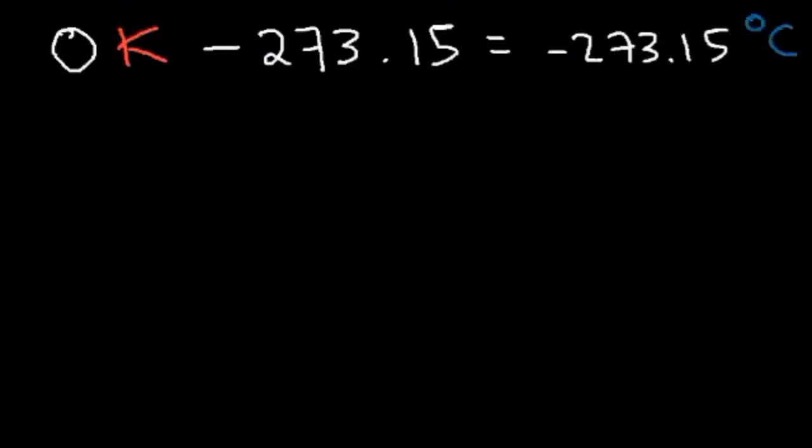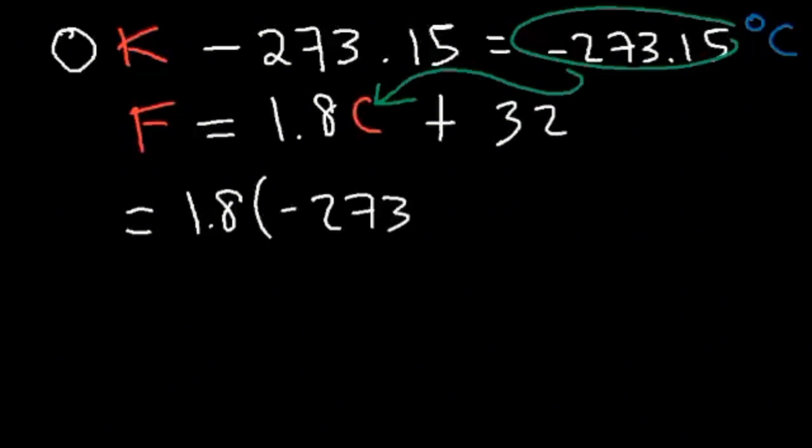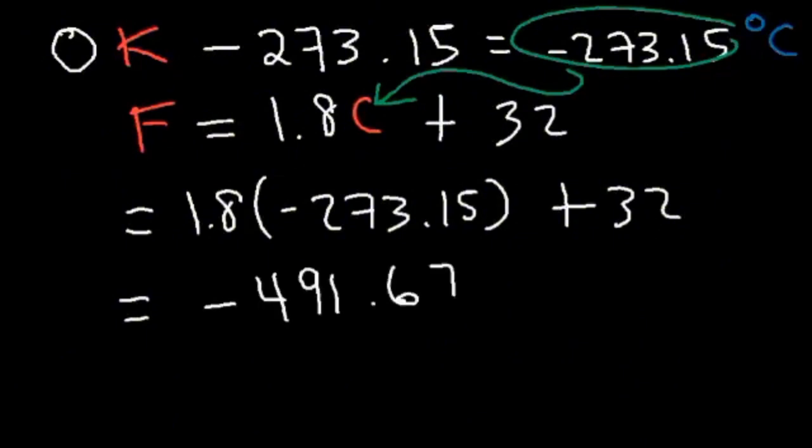Now let's find out what the Fahrenheit temperature is at this particular temperature. So Fahrenheit is equal to 1.8 times the Celsius temperature plus 32. So let's take this number and plug it into the equation. So 1.8 times negative 273.15 plus 32. So what's 1.8 times 273.15? It turns out that this is equal to negative 491.67.